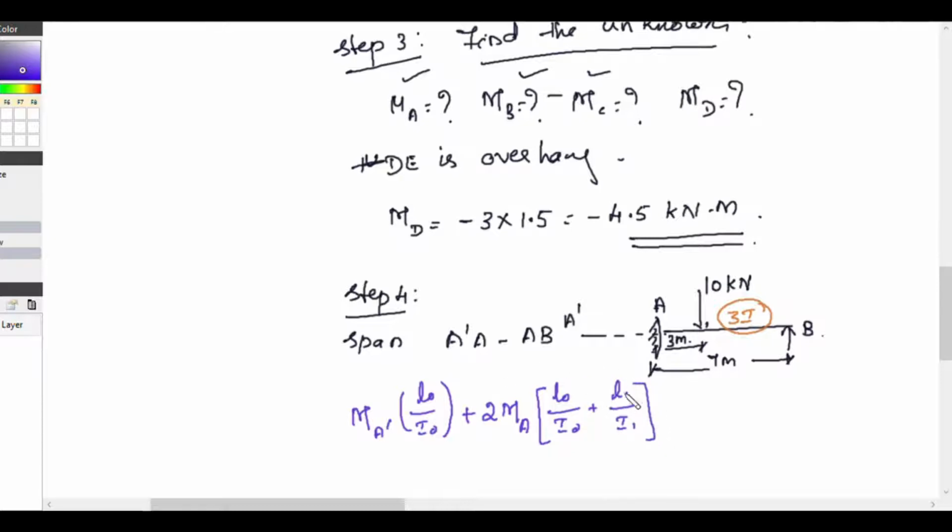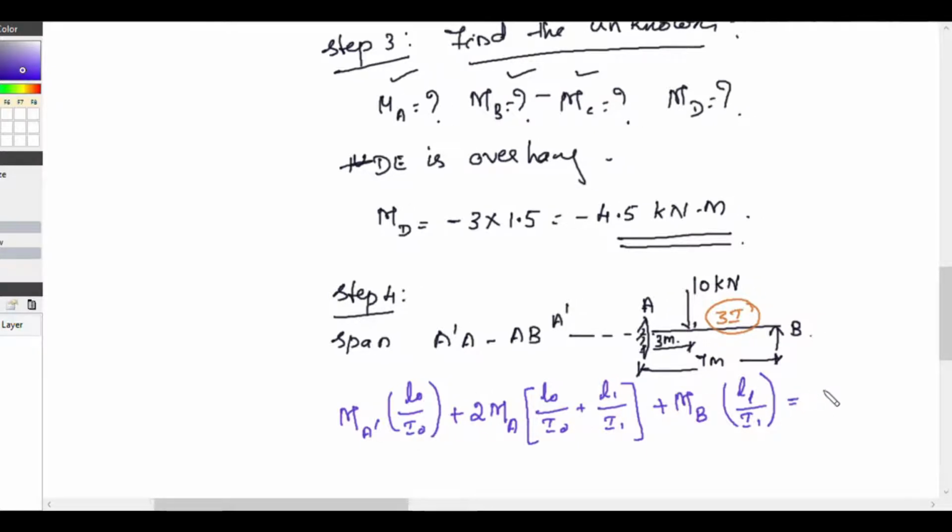This is for the second span, this is for the first span. Plus the third support is B, so moment at B into the second span, that is L1 by I1. See, we use 0 here because it is an imaginary span.